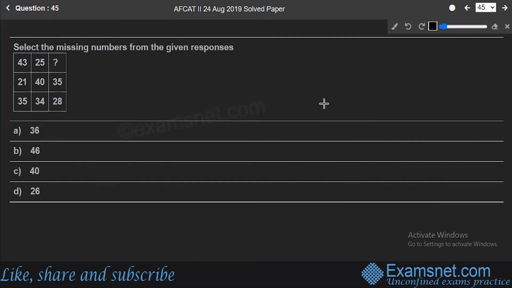So let's pick up the first column and add column-wise: 43 plus 21 plus 35. This gives you 99. The magic number over here is 99. So all the columns, all the horizontal lines, all the diagonals add up to 99 only.